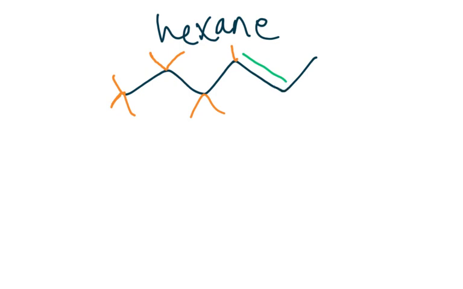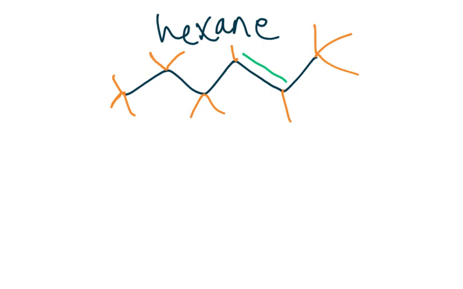It's bound 3 times: 1, 2, that's 2 bonds for this double bond, and then 3. So we need 1 more to fulfill the octet rule. And then the last carbon only has 1 bond, so we need 3 more. All right, and that's it. The orange lines, we know, are bonds to hydrogen, but we're not going to write that in for the sake of time.